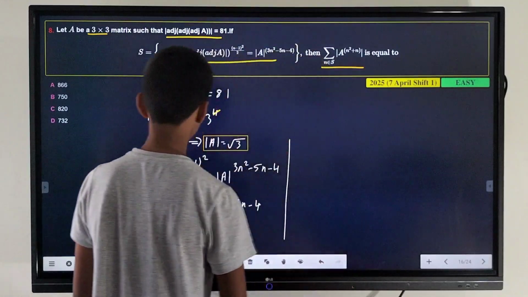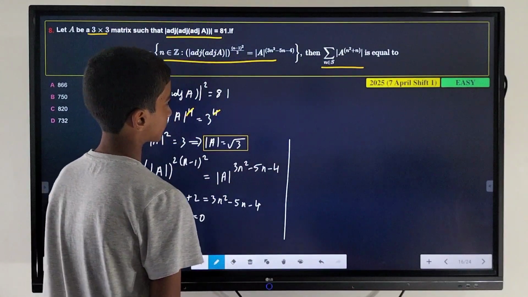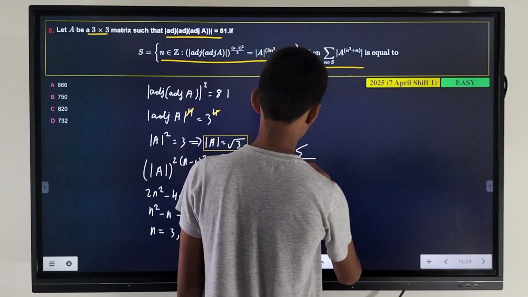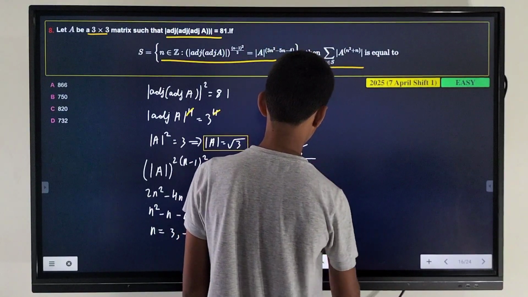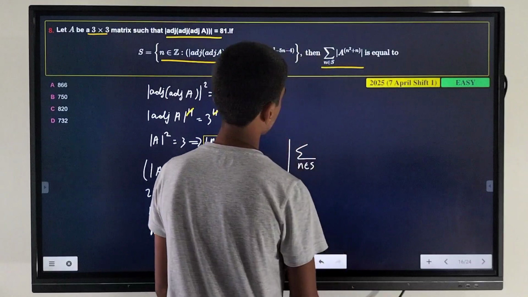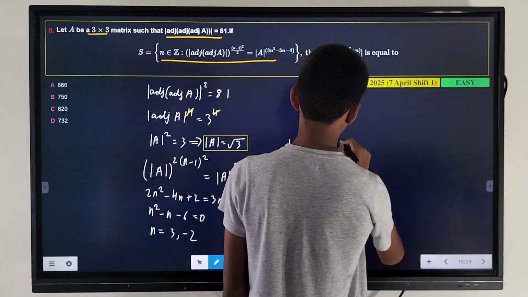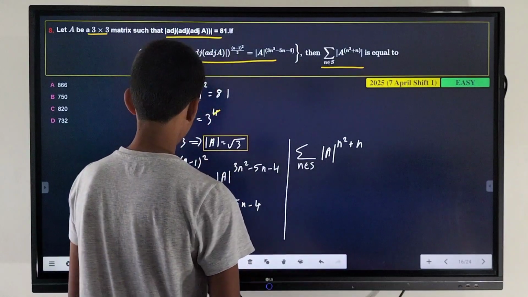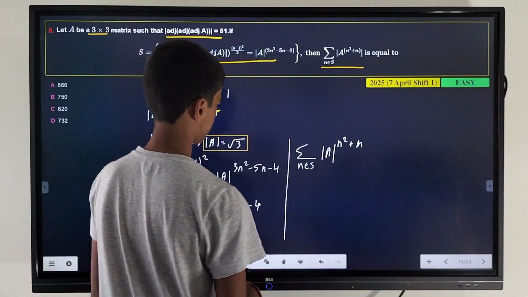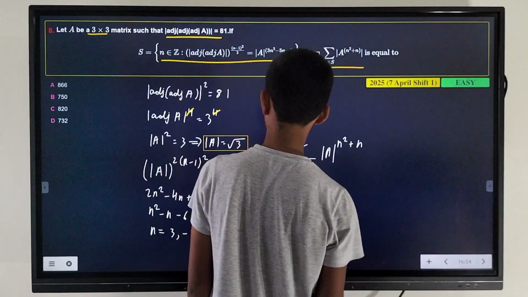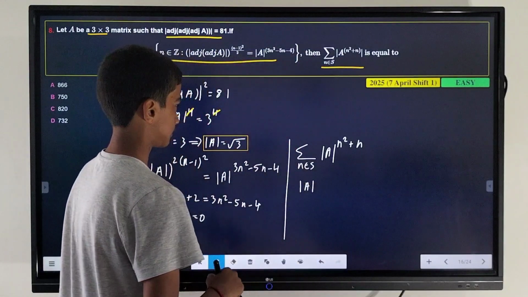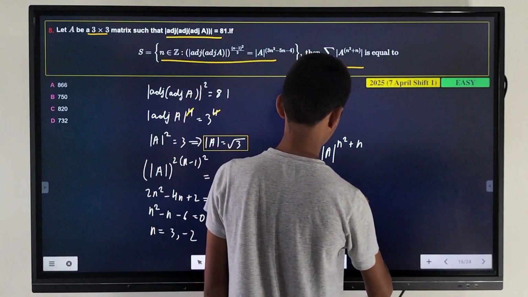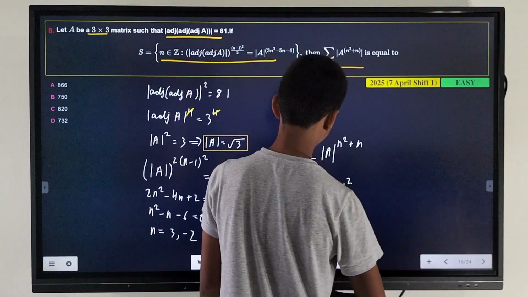So from here this will be sigma n belongs to S, determinant of A raised to n square plus n. This will be determinant of A raised to power 9 plus 3, 12, plus determinant of A raised to 4 minus 2.